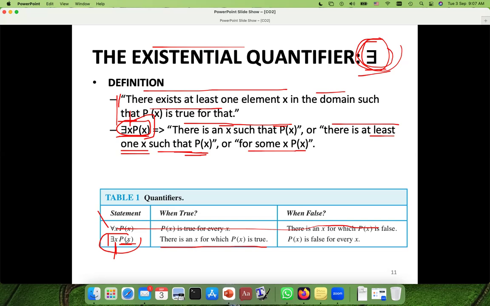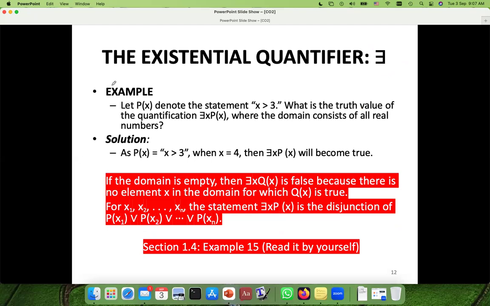If you think properly, then you will not make any mistake. So when p of x is false for all values of x, then this statement will be false.